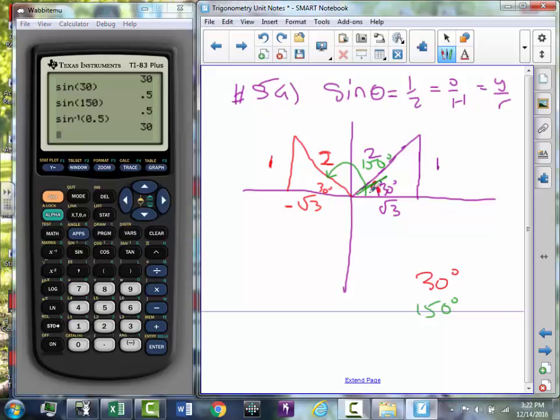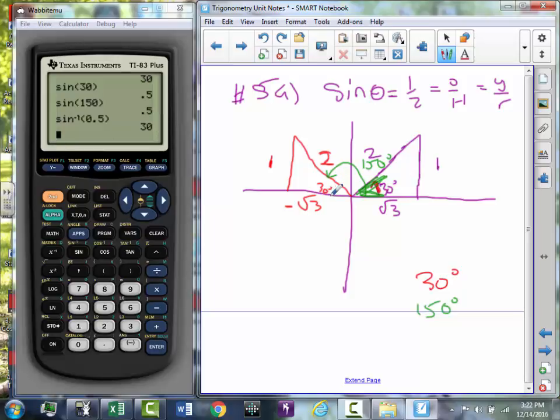If it gives you 30 right here, but you're expecting an answer in this quadrant over here, you have to use some common sense and work backwards to figure out what it should be. Make any sense?